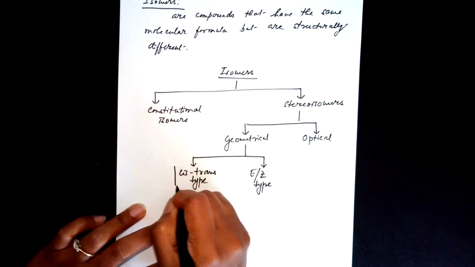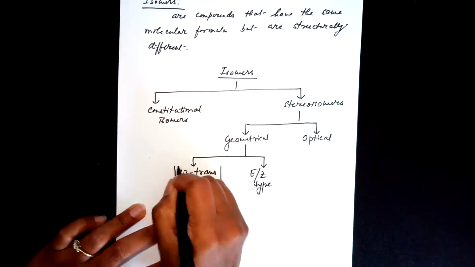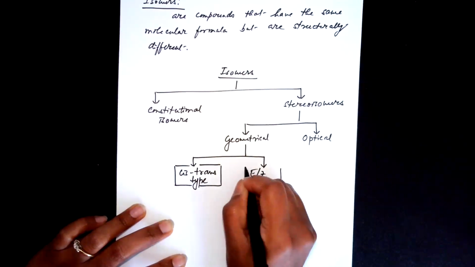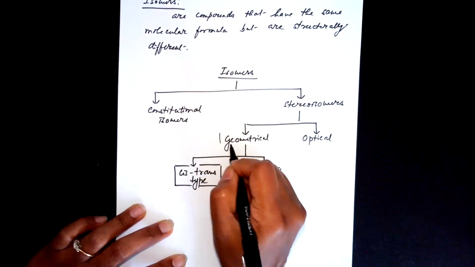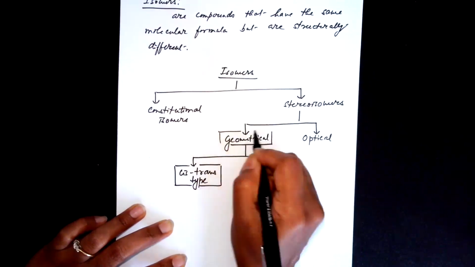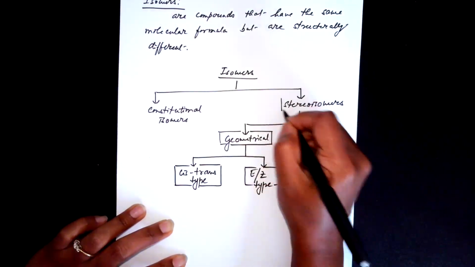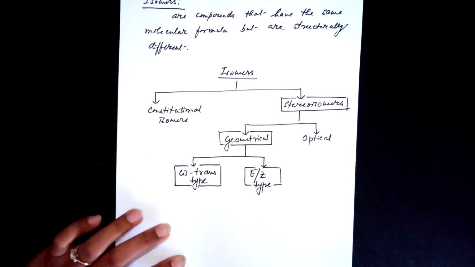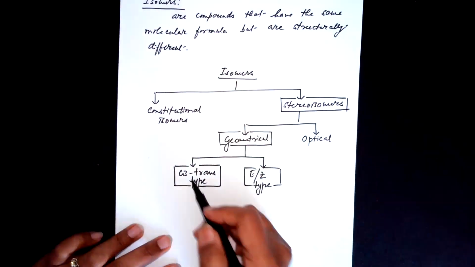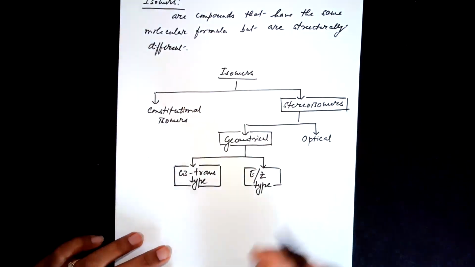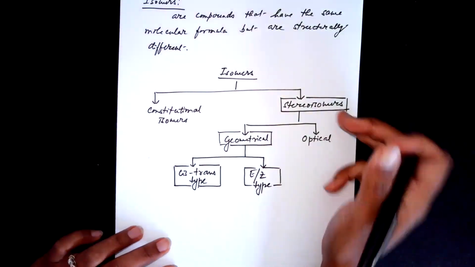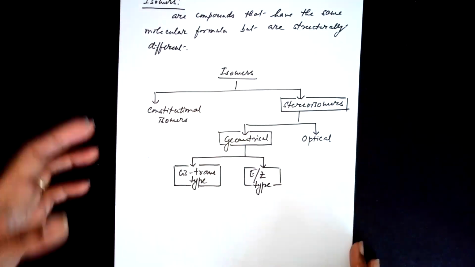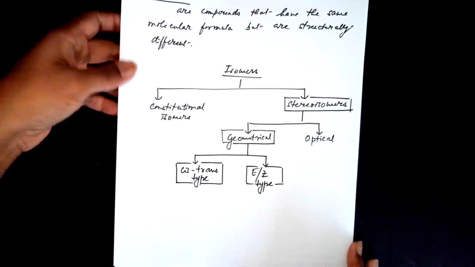So I would be focusing on cis-trans and E and Z type, which are both geometrical isomers, which are a type of stereoisomers. So these words in boxes, that's the pattern I'm going to follow today. We'll talk about what are stereoisomers, what are some geometrical type of stereoisomers, and specifically concentrate on these two types.